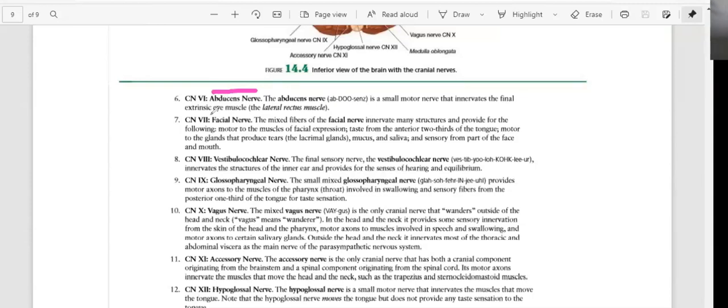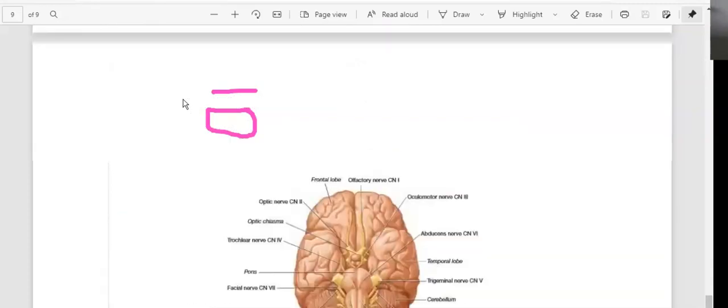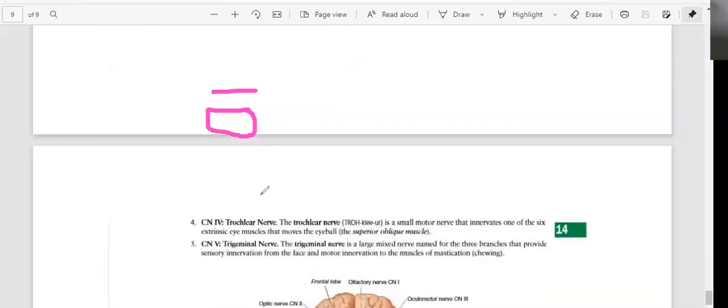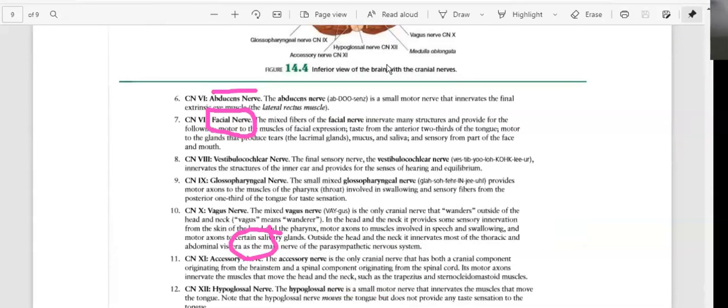Cranial nerve number 7, this one is going to help you move your face. And sensation in the anterior part of your tongue. So remember, the facial for moving your face, but the trigeminal right here is for sensation in your face. So then the facial is going to be movement of your face, but also sensation in your tongue, for example.